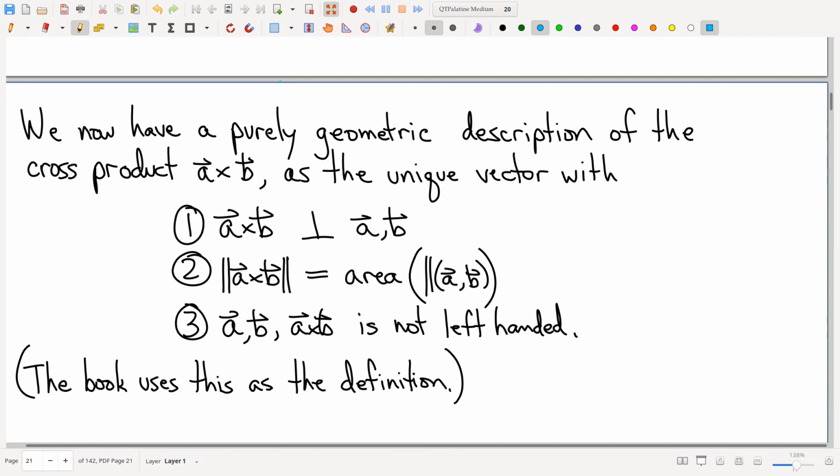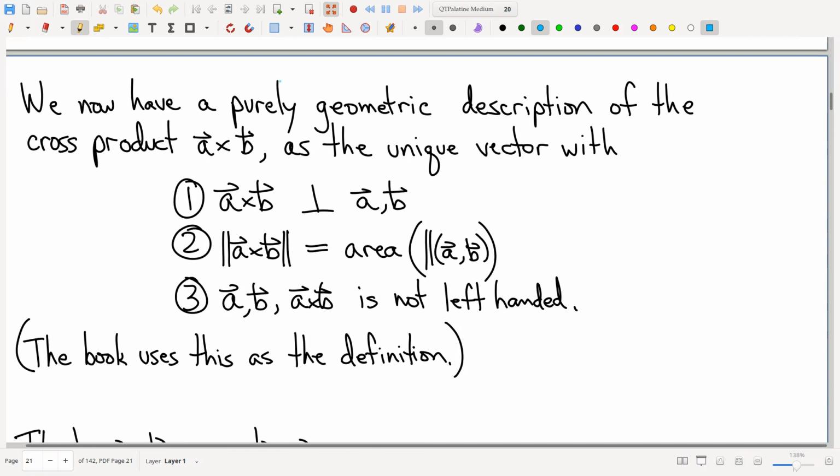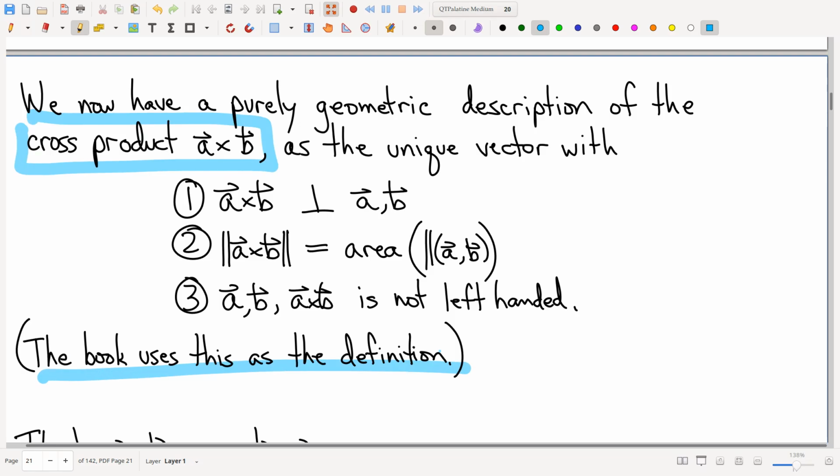So for whatever it's worth, here is an alternative description of the cross product. Now you remember the cross product I defined with a formula, and then I proved that it had various geometric properties, including these. The book uses this list of 3 properties as a definition, and then in some sense kind of turns all the reasoning around backwards to derive the formula.